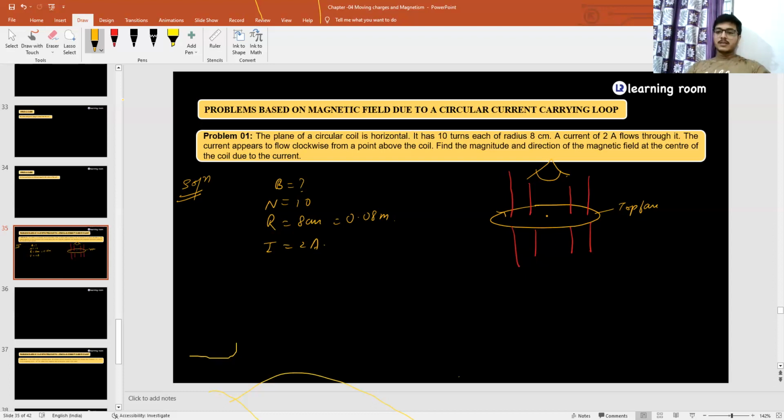Curve your fingers, put your thumb perpendicular to it, and tell me the direction. Use your right hand. Upwards. I don't think so. Curve your fingers, and your thumb should be perpendicular. I think it should be downwards if you're watching from the top. Check it again. Should it be downwards?